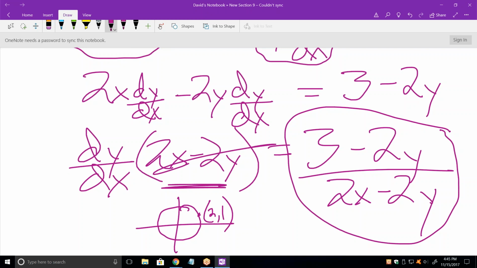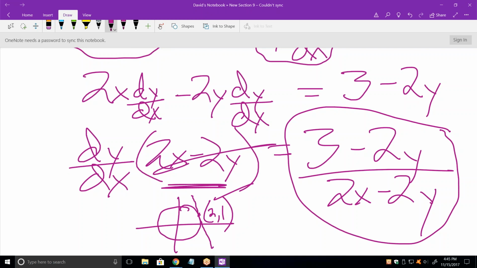So if I want to figure out the slope of that tangent line, then I implicitly differentiate it and solve for dy/dx. I'll get a function that has both x's and y's in it, but I'm going to evaluate it at a point where I have the x and the y. If I only have the x, well then plug the x into the original function and you can figure out what the y is.